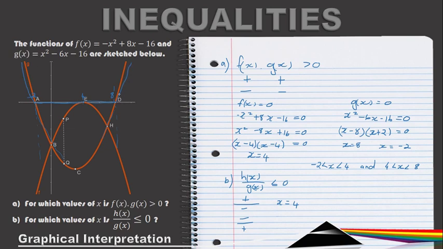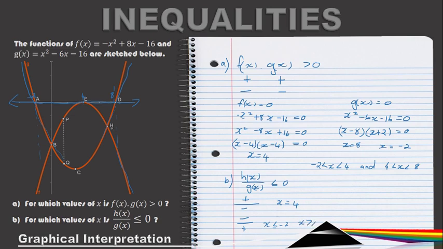So where are both of these conditions met? Over here g(x) is positive and h(x) is negative, and over here g(x) is positive and h(x) is negative. So it's from these intercepts, everything less than negative 2. That's where x is less than or equal to negative 2, or where x is greater than or equal to 8.